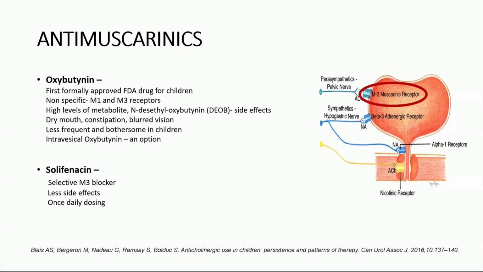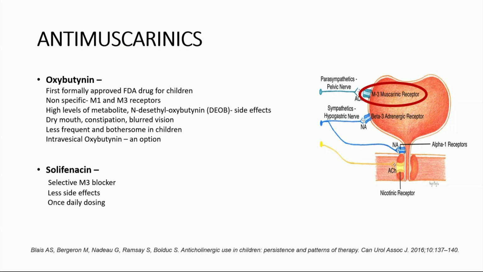However, it is non-specific and acts on both the muscarinic receptors in the bladder, the M3 receptors, and the M1 receptors, which are found on the salivary glands and intestinal sympathetic ganglia, and are responsible for most of the side effects that include blurry vision, dry mouth, and constipation. But overall, they are less frequent and bothersome in children. Many patients, however, are intolerant to these side effects and have to look for alternative treatments.